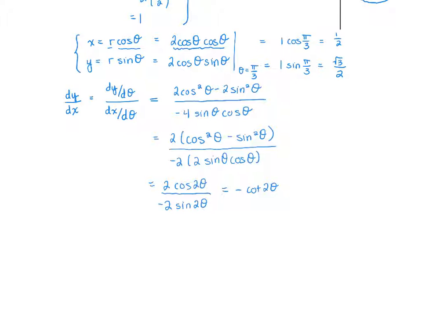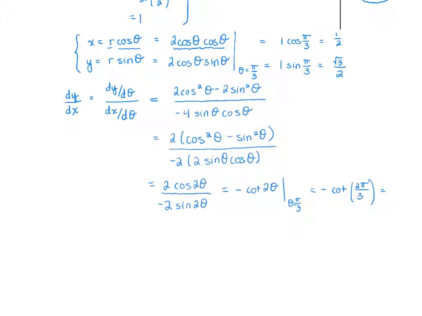I'm feeling lazy today. So now we just need that evaluated at the point where theta is equal to pi over 3. So this is going to be the negative cotangent of 2 pi over 3. Well, let's see. The tangent of 2 pi over 3 is negative root 3.